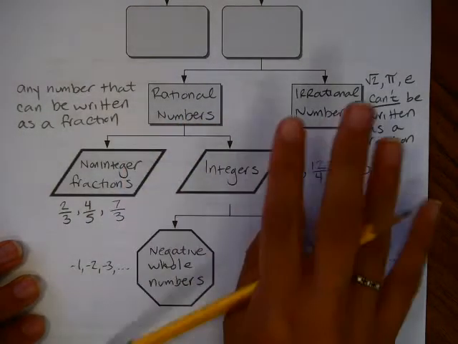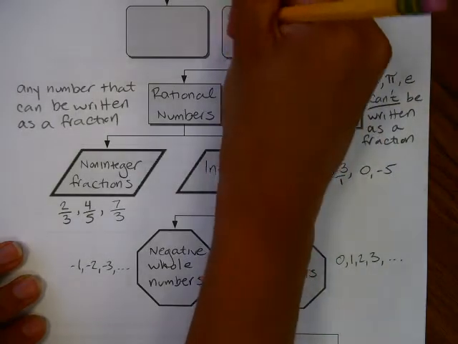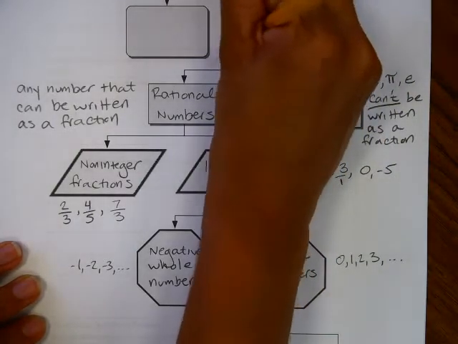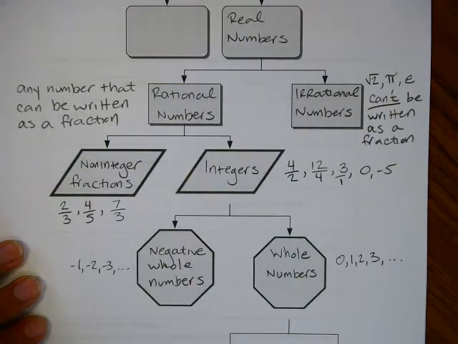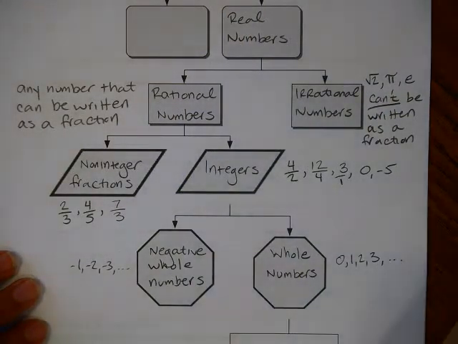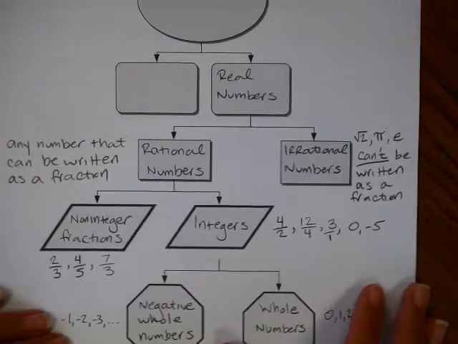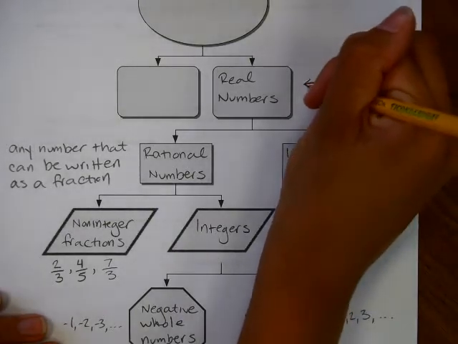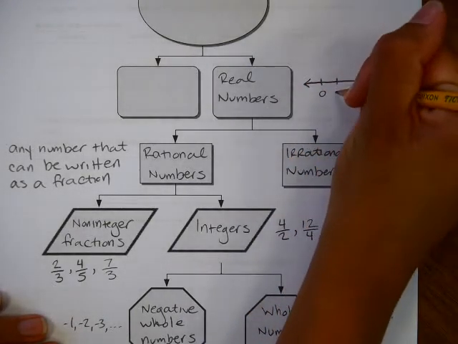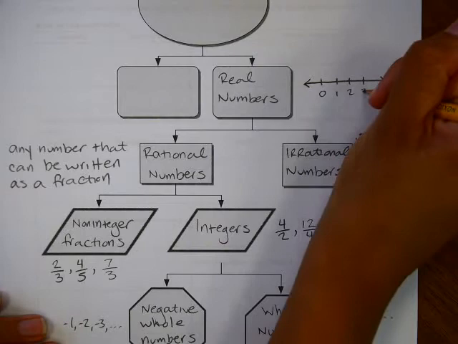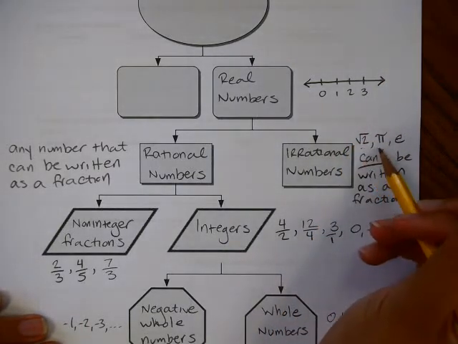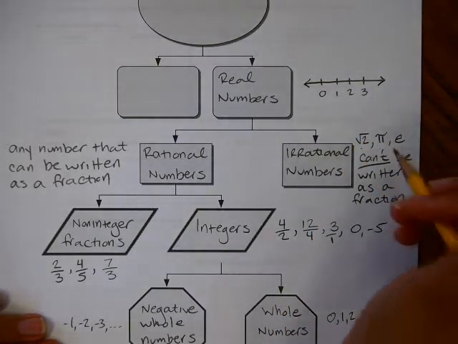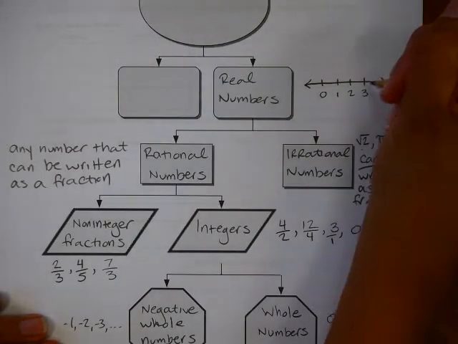If you take all of your rationals and all of your irrationals together, these make up the real numbers. And a good way to think about what a real number is, it's any number that could be found on a number line. So if I was to make a number line, square root of 2, pi, and e, sure they look weird, but I know that pi is 3.14, so that would be about here.